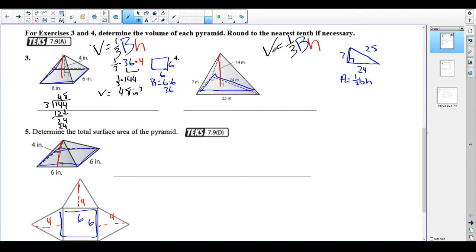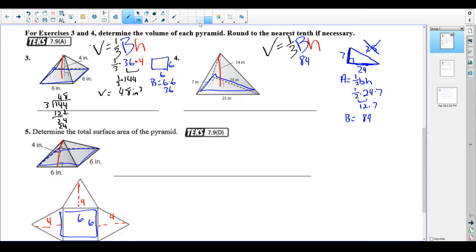So base and height have to be the 2 sides that meet at this right angle. Means for this problem, 25 never gets used. It's just there to confuse. This is going to be 1/2 times 24 times 7. That's 12 times 7 is 84.